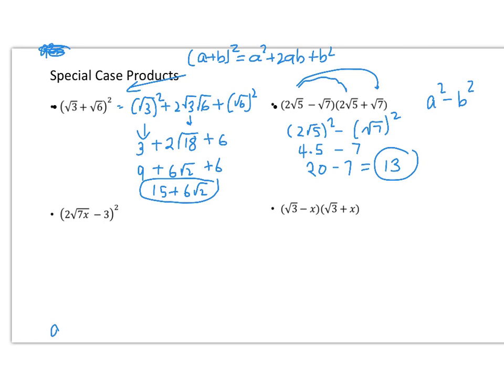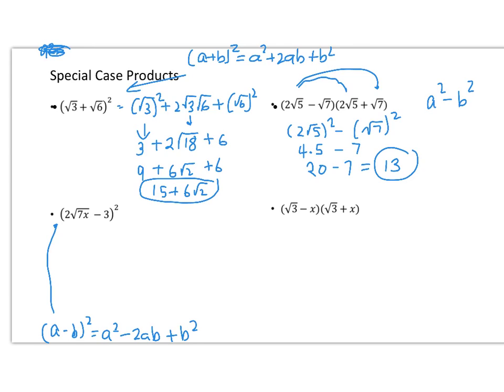So we have a minus b squared, and that's just a squared minus 2ab plus b squared. So that's what we're going to apply to this particular problem.